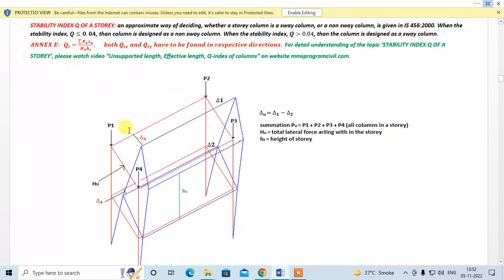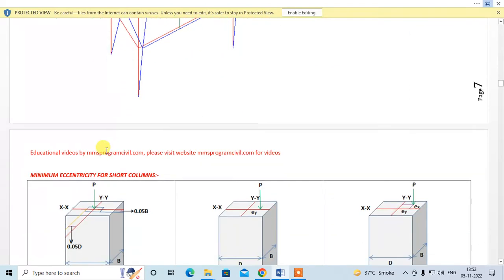For finding Qiy, your delta u will be delta 3 minus delta 4, and sigma Pu will remain the same. Hu is the total lateral force acting in the story in this direction, and Hs is the story height. So this is how you can find stability index Q and decide whether the column is a sway column or a non-sway column.